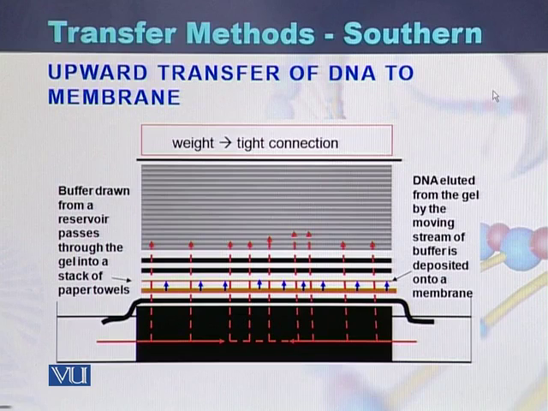We can see with red arrows and blue arrows the bands from the gel being transferred to the membrane. This is also one of the common methods used for transfer of bands from gel to the membrane in Southern blotting.